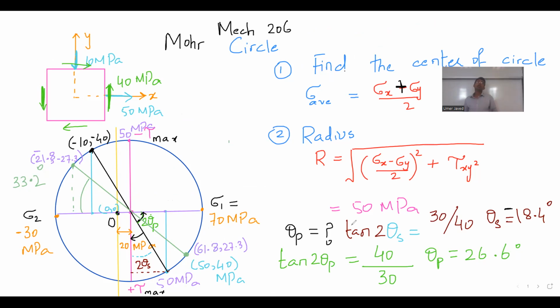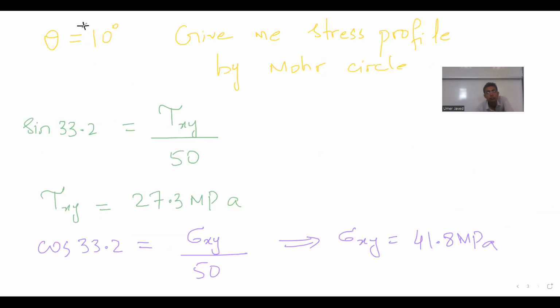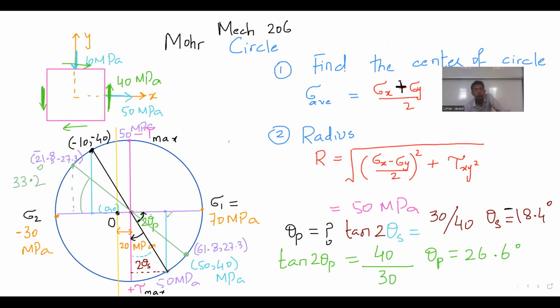Okay, now you can do this question one more time yourself. Just remember, you added with the origin, because the origin and the center of the circle are different. Look, your origin is here. It is 20 megapascal to the left of the center of the circle. That's why I had to add 20 megapascal.